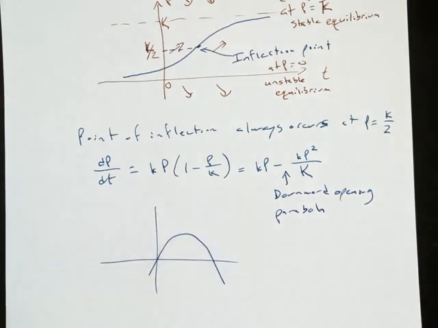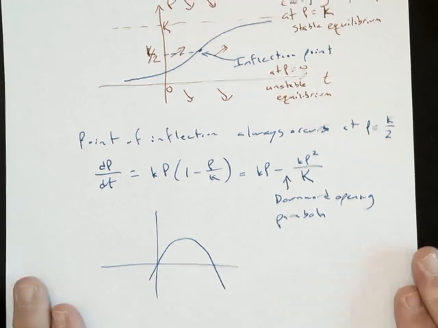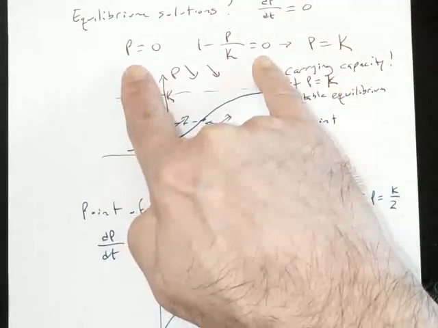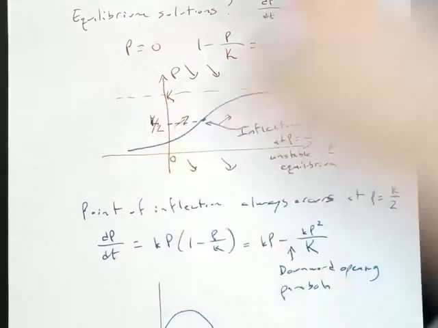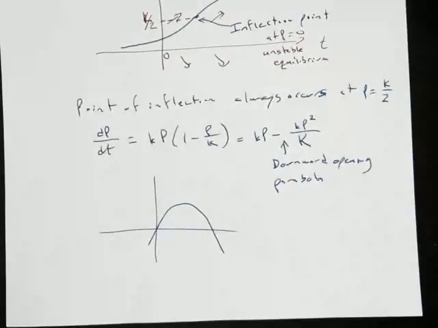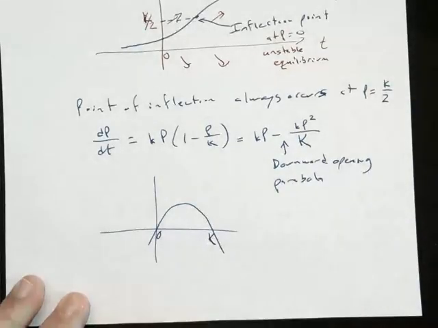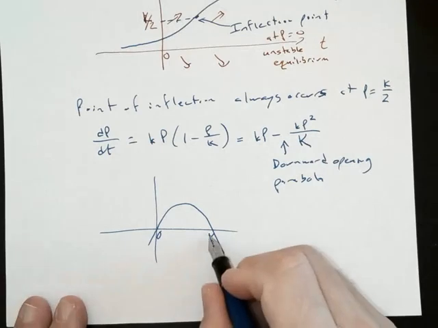And what's more, I know where its x-intercepts are. I know where that parabola is equal to 0 because you figured that out up here. It's 0 at 0 and capital K. But it's also symmetric. Where's the middle?